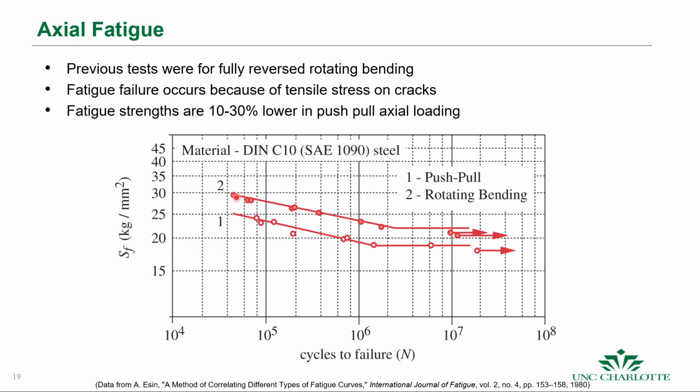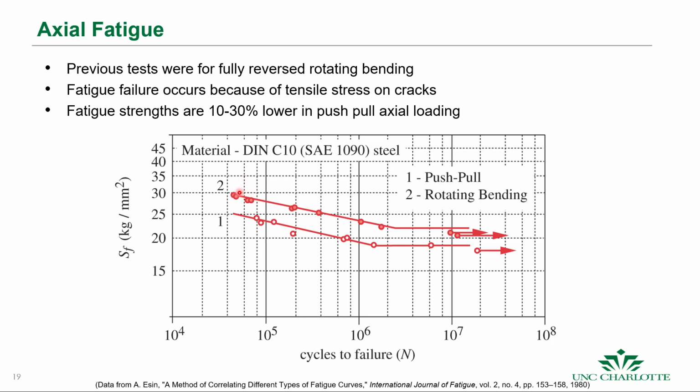When we have tensile stresses, though, they accelerate the fatigue crack propagation phenomenon and reduce the life. So the fatigue strengths are 10 to 30% lower in cyclical axial loading, say push-pull axial loading.